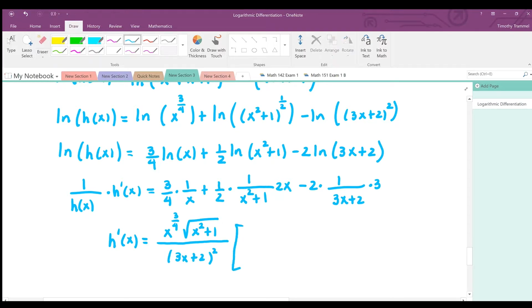Next, we still have everything that was already on the right-hand side that maybe we want to rewrite a little bit. So we could rewrite this as 3 over 4x plus, and right, 2 times 1/2 is just 1, so we just end up with an x over x squared plus 1, and then minus 2 times 3 is 6.